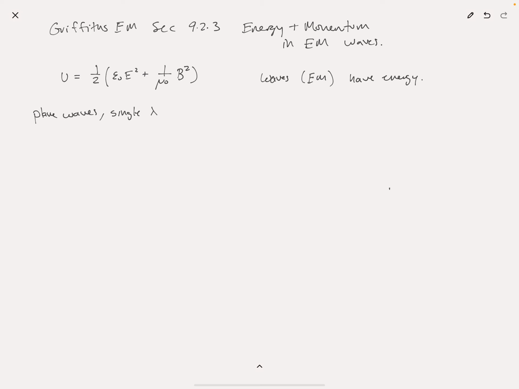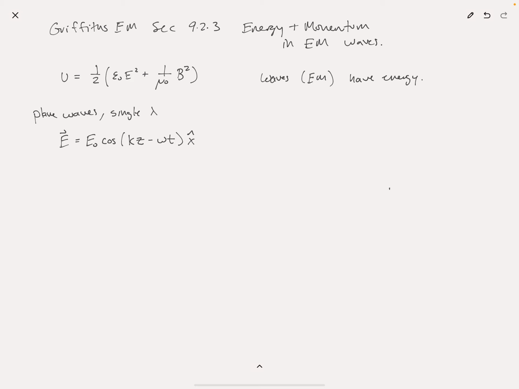Okay, so one color, the waves are far enough away from the source that they're all moving in a plane, and then we can define the electric field as some amplitude times cosine of the wave number, which is related to the wavelength. I'm going to have the wave propagate in the z direction, kz minus omega t. And I'm going to get rid of that phase factor if you're looking carefully at the book.